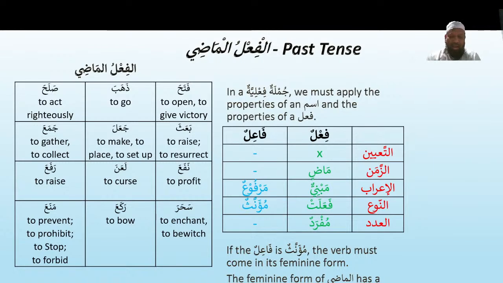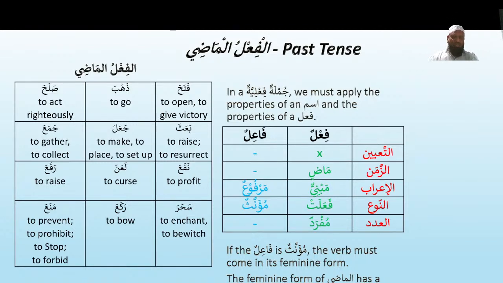Okay, now we understand how to make فعل ماضي feminine, just by adding the التاء الساكنة at the end of فعل ماضي. So let's start with some examples.